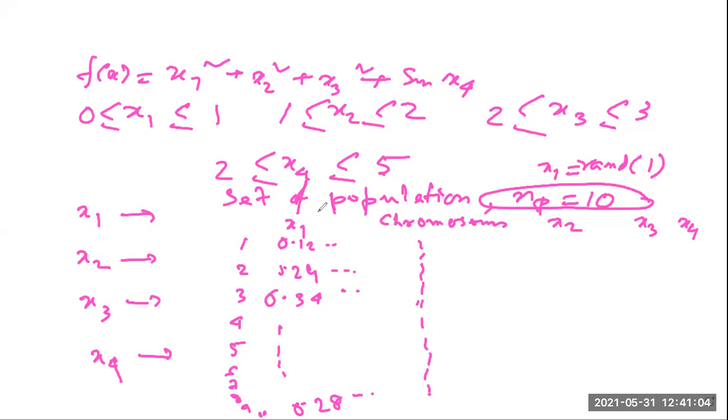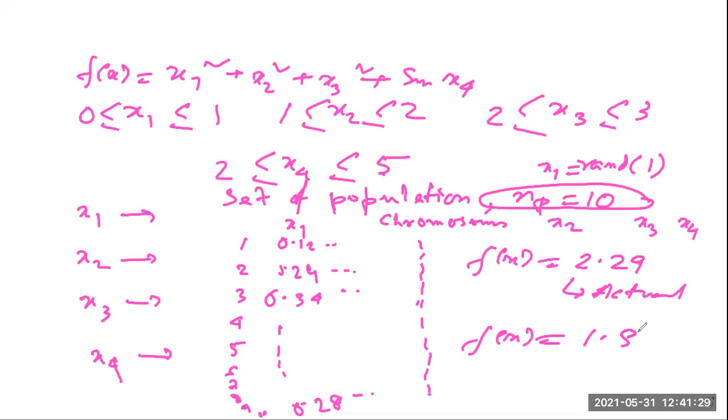Multi-direction search means, suppose the maximum value of fx should be, for example, 2.29. This should be the actual value. But after running this genetic algorithm, you are getting 1.86.